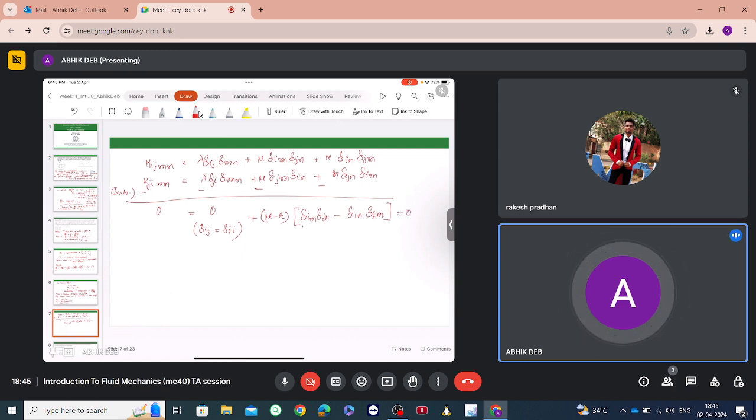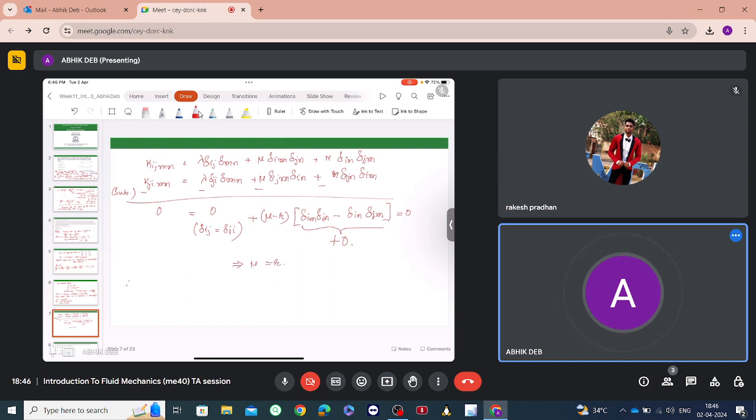But the term delta im delta jn minus delta in delta jm is not equal to 0, because if it were 0, then the entire Kijmn would become 0. So from here we see that mu is equal to r.